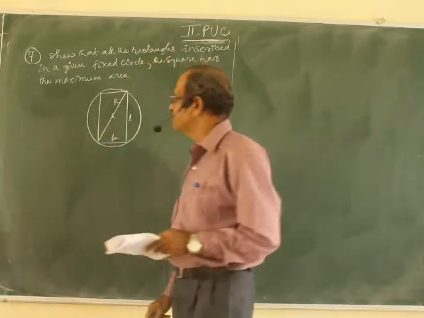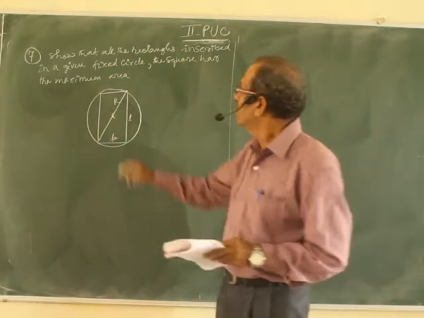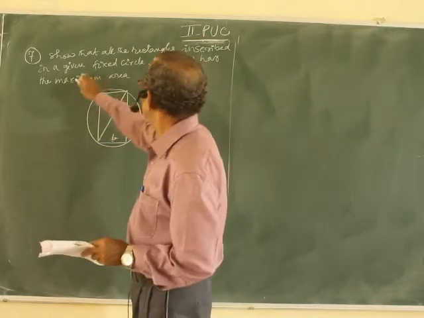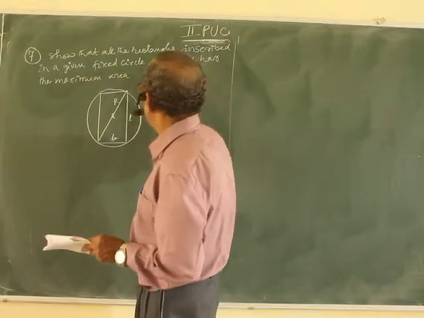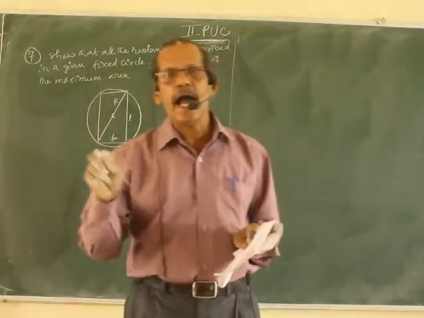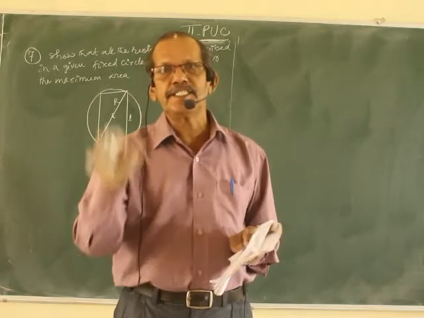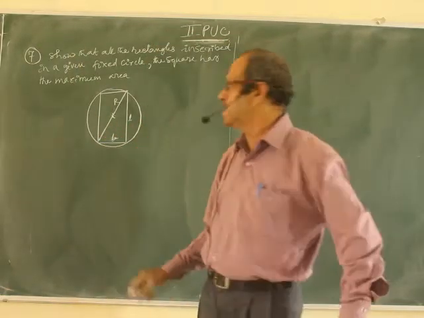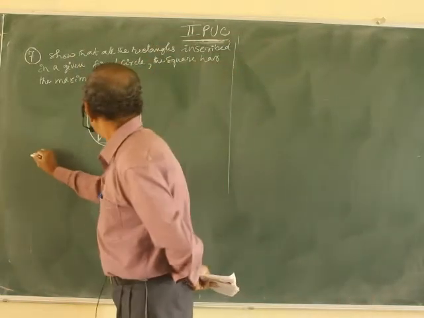Center. The rectangle inscribed in the given fixed circle, the square has the maximum area. That means the rectangle having maximum area is a square. That we have to prove. Anyway, let me write like this.